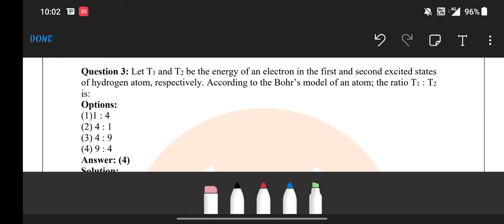According to Bohr's model of the atom, what will the ratio T1 is to T2 be? Will it be 1 is to 4, 4 is to 1, 4 is to 9, or 9 is to 4?